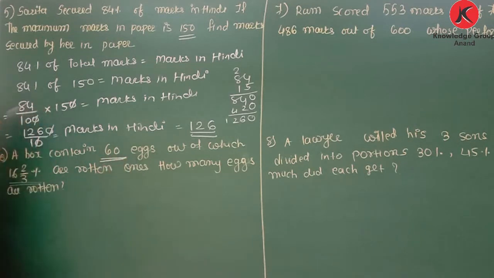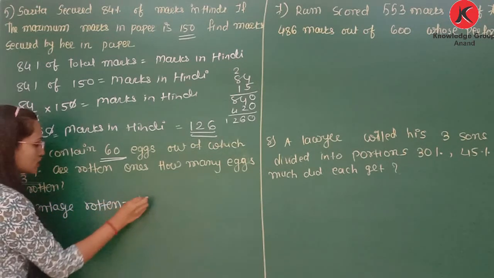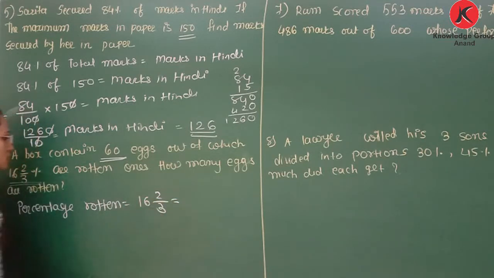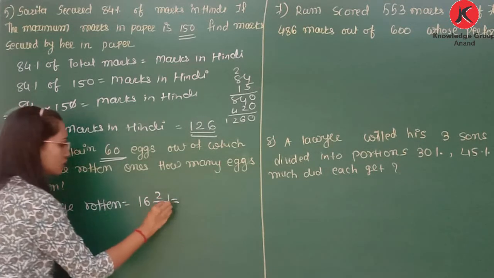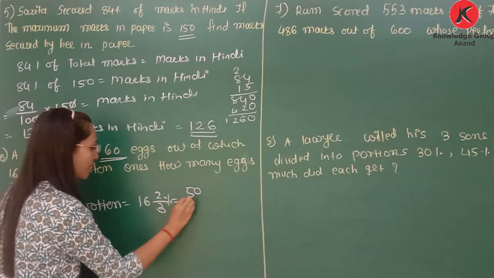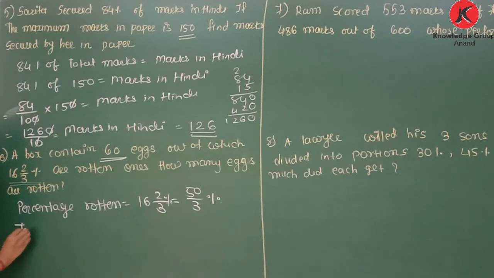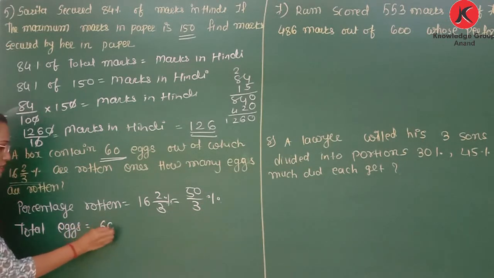Total eggs are given, 60. So we can write the percentage rotten is 16 2 by 3. Now convert this into an improper fraction. 16 threes are 48 plus 2, 50 by 3%. Total eggs are 60.